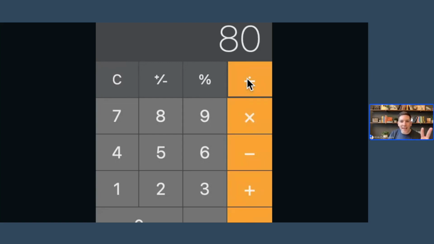So I divide 80 by 0.02, which is 2%. That means that each symbol needs to have $4,000 of capital allocated to that bot.